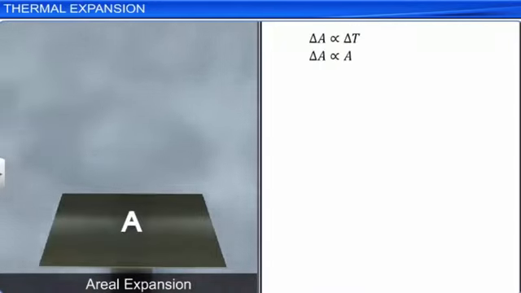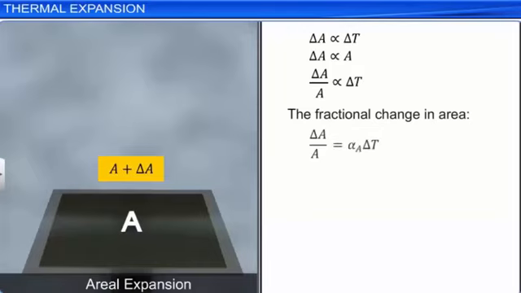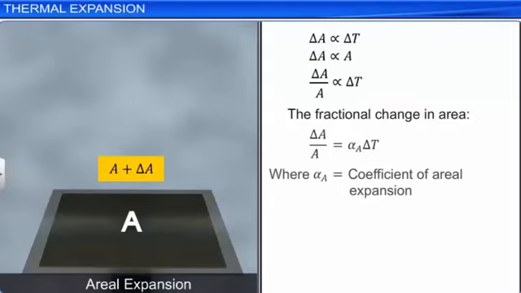Similarly, the fractional change in the area is experimentally found to be directly proportional to the change in the temperature. That is, delta A by A is equal to alpha A into delta T, where alpha A is the coefficient of areal expansion.